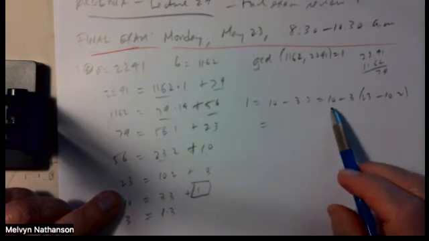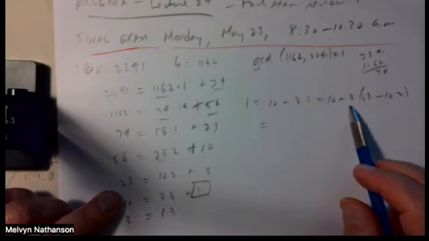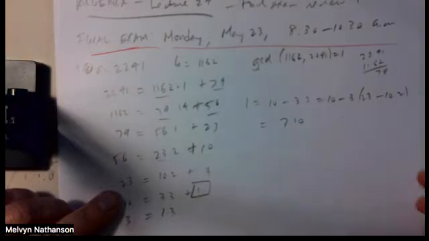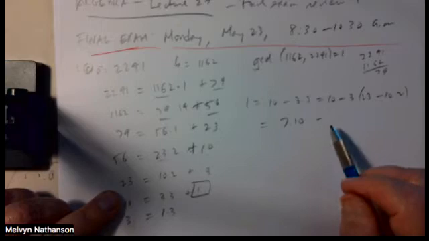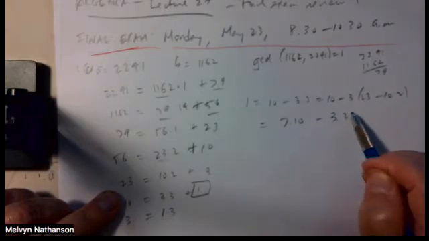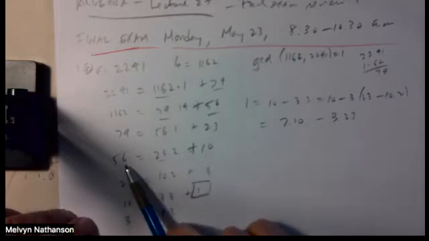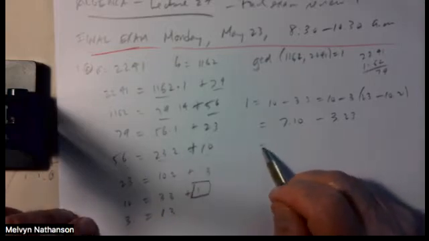So what is that? That's 10 plus 6 times 10. That's 7 times 10 minus 3 times 23. But 10 is 56 minus 23 times 2.